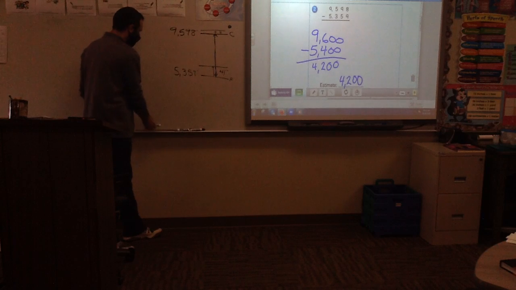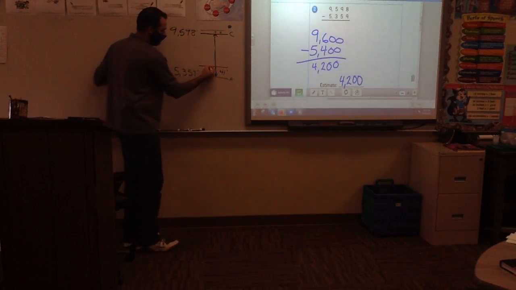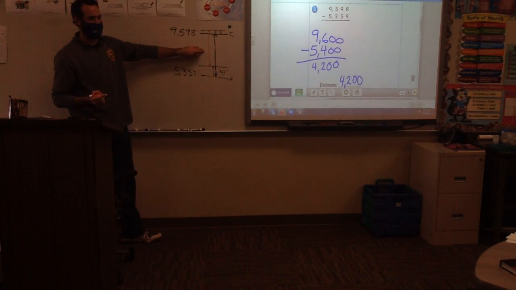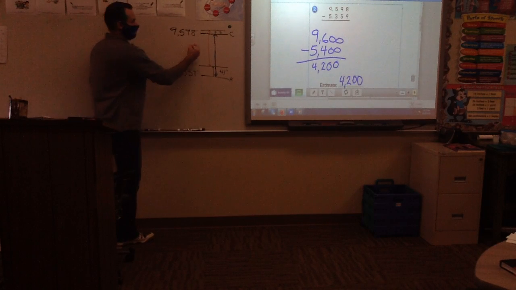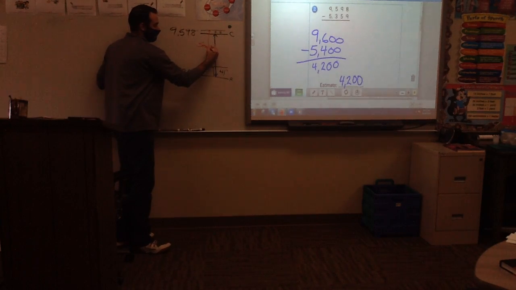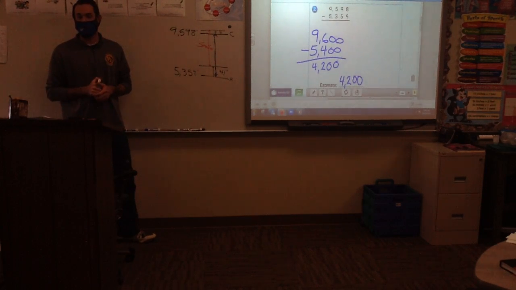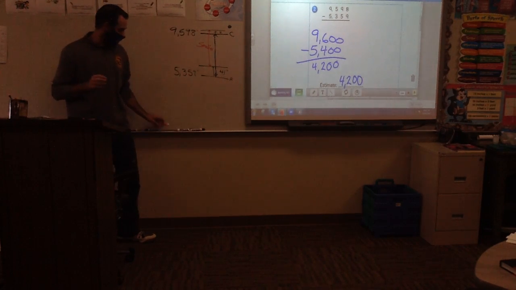Is it bigger or smaller than the new distance? Is the red smaller or bigger? Smaller. So we would actually expect our estimate to be smaller. Do you guys see what I'm saying? We'll be able to see it better when we get the numbers.